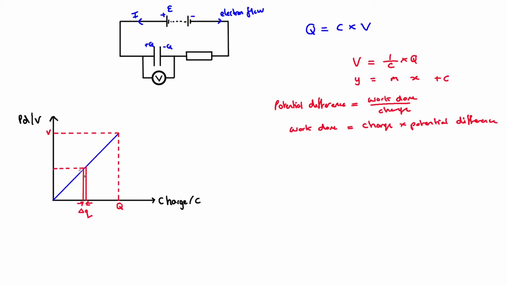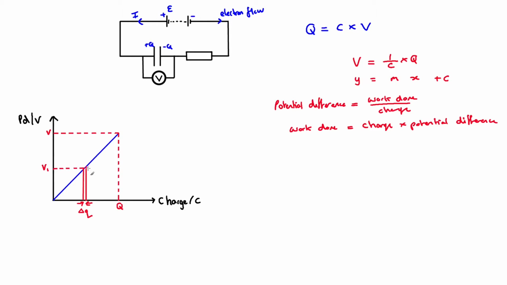If we add a small amount of charge, delta Q, to the capacitor, then provided it's a very small amount of charge, the potential difference will increase very little as we add that charge. If it's a small enough amount of charge, the potential difference won't increase to any significant amount, so we can assume the potential difference would be constant.